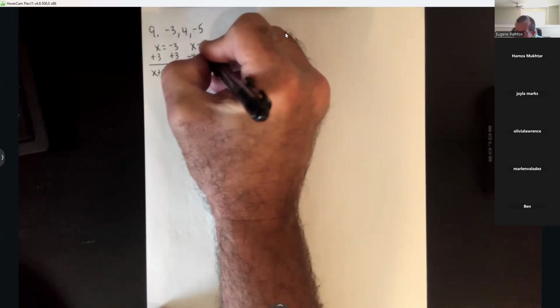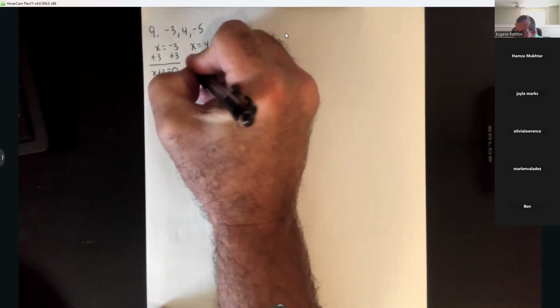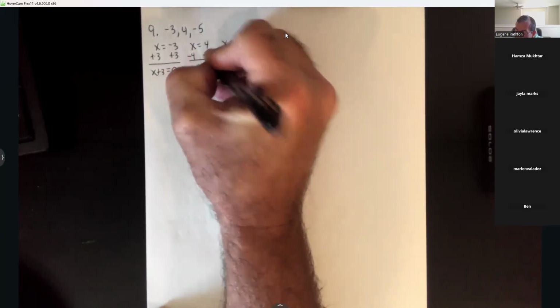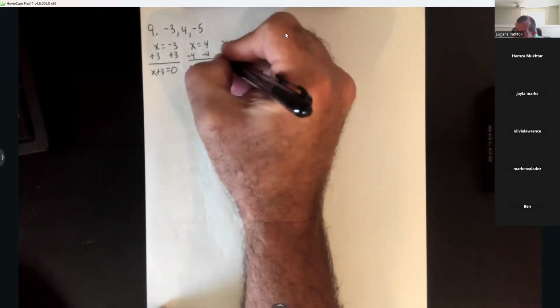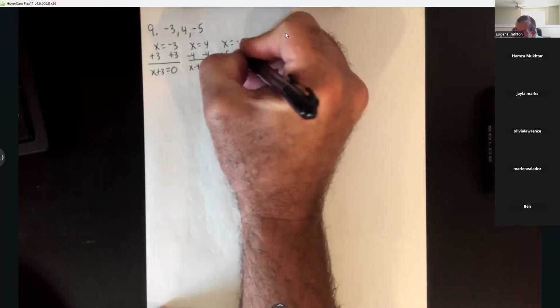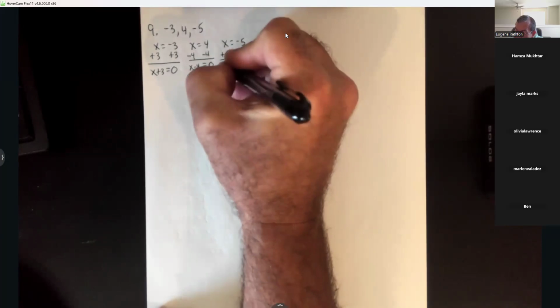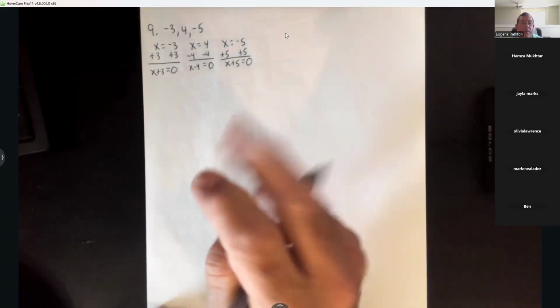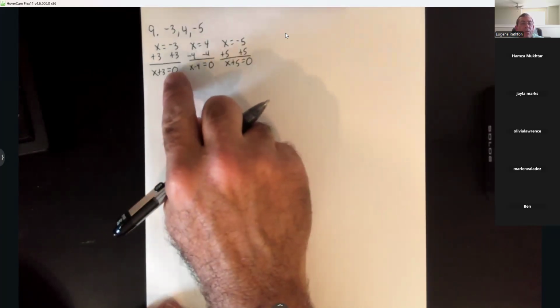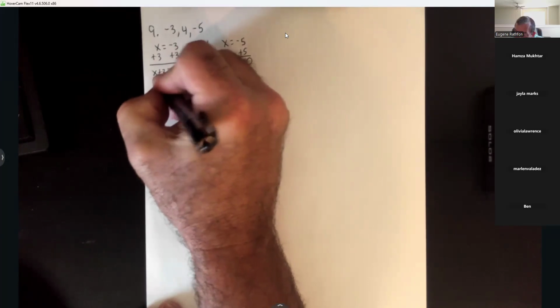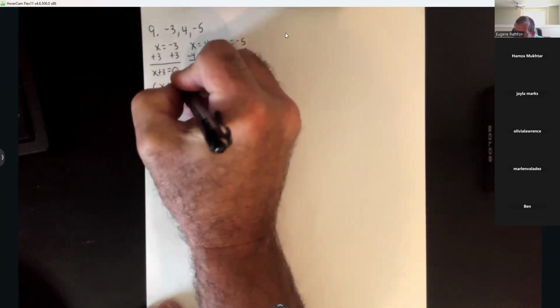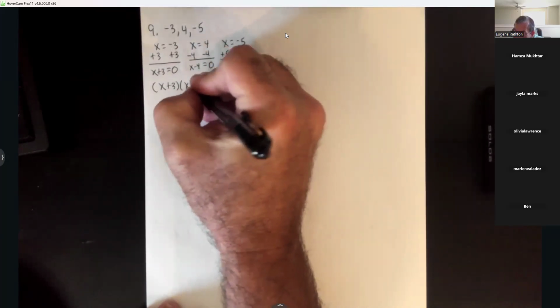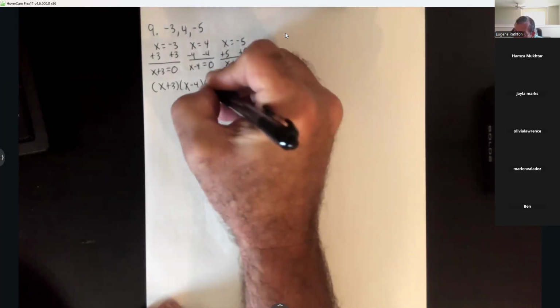Add the opposite of 4, which is negative 4, to both sides. And then the opposite of a negative 5 would be a positive 5 to both sides. And I get x plus 5 equals 0. So once I had my three equations equal to 0, I threw them all in parentheses and set this whole thing equal to 0.